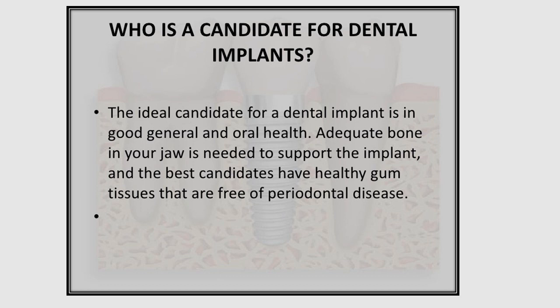Oral health means that you should have healthy gum tissues, free of periodontal disease, should have good oral hygiene, and definitely should be able to afford it, because dental implants are an expensive procedure. So that means that a thorough and good history and examination is mandatory before selecting or shortlisting your candidate for dental implants.